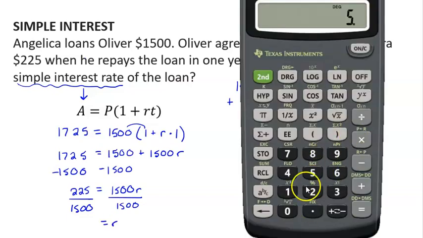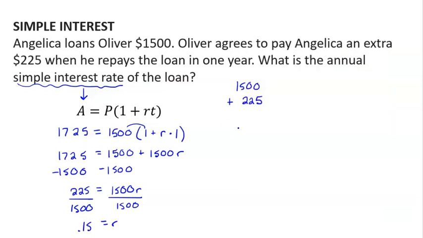So I'm going to lean on my calculator. I've got 225 divided by 1500. And I got 0.15. Okay? And so that's going to be 15%.